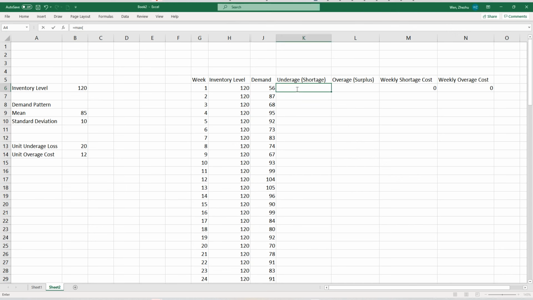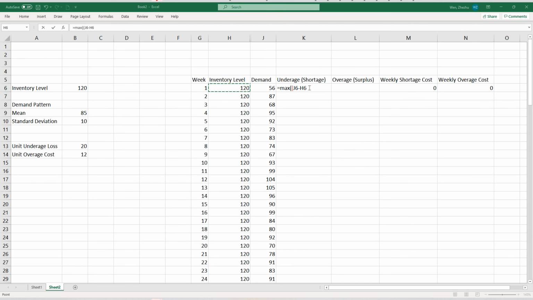the open parenthesis, the demand minus this. As you can see, in this case this will likely return a negative, right?